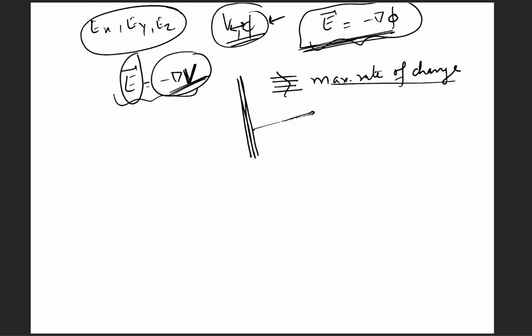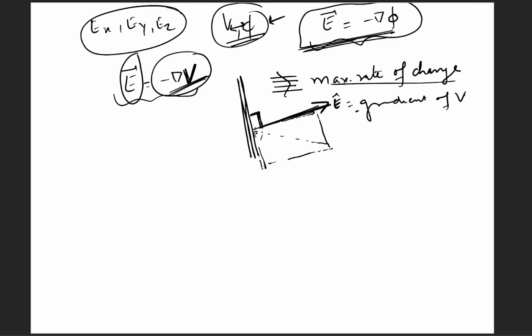Otherwise, if it is not perpendicular, it is at some angle, so it will not have the same effect. There will be a component along the surface, and it will force a field in that direction. So we see that the electric field direction is the direction of the gradient, or the opposite because of the negative sign of the V. So it is going to be perpendicular to the equipotential surfaces.